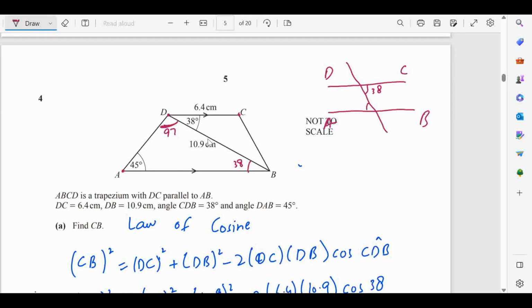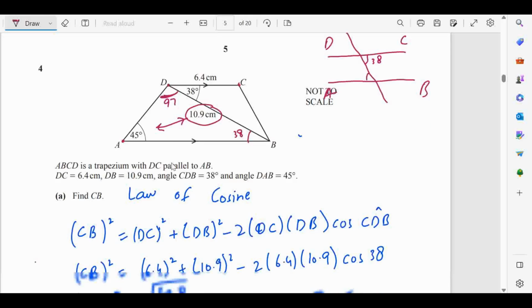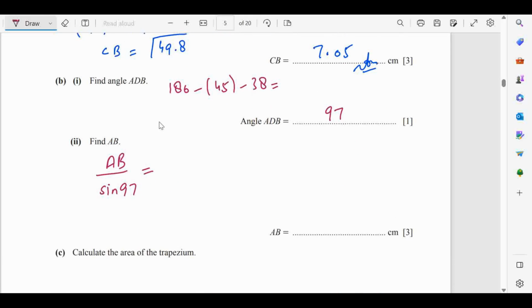Let's take this one, 10.9 and 45. So 10.9 divided by sine of 45. We can rearrange it like this. So AB will be equals to 10.9 divided by sine of 45 into sine of 97.